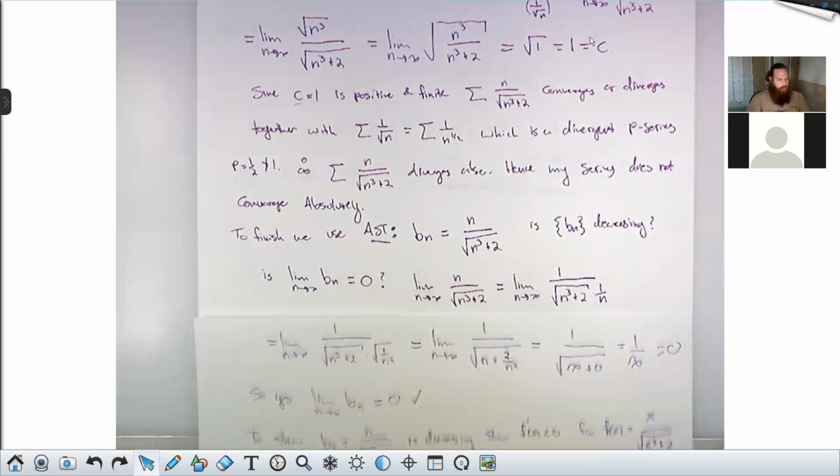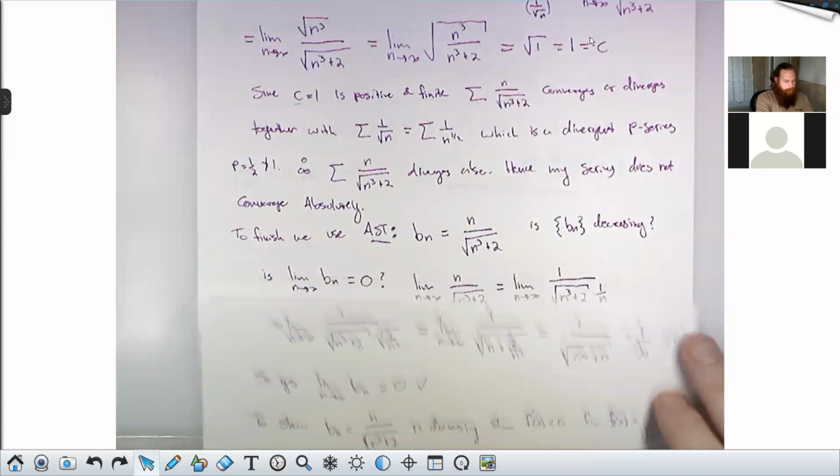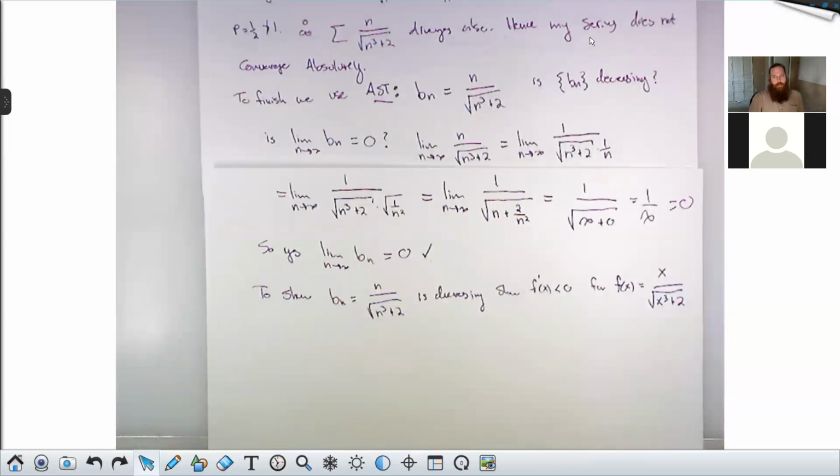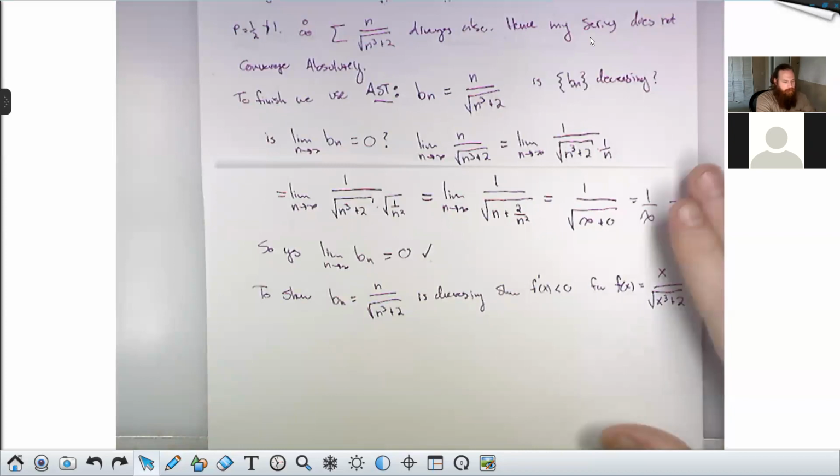So we consider the corresponding function, that is x over the square root of x cubed plus 2. And we show that f prime is negative eventually.